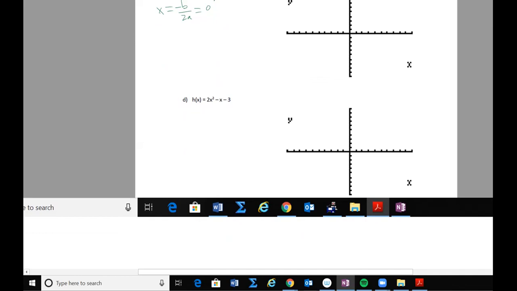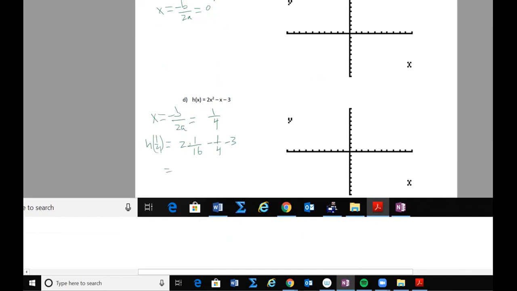This one's going to be a little more work. Minus b over 2a would make 1 over 4. And then h of 1/4, you'll have to figure that out. That gives 2 times 1 over 16 minus 1/4 minus 3.